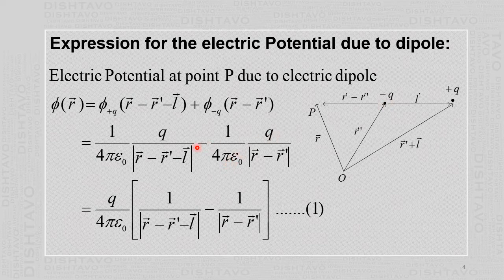The charge is minus Q divided by the distance, modulus of vector r minus vector r dash, because for a scalar quantity sign has its own significance. Next we take this Q outside, so we get Q by 4 pi epsilon 0, and what remains inside the bracket, that is equation 1.